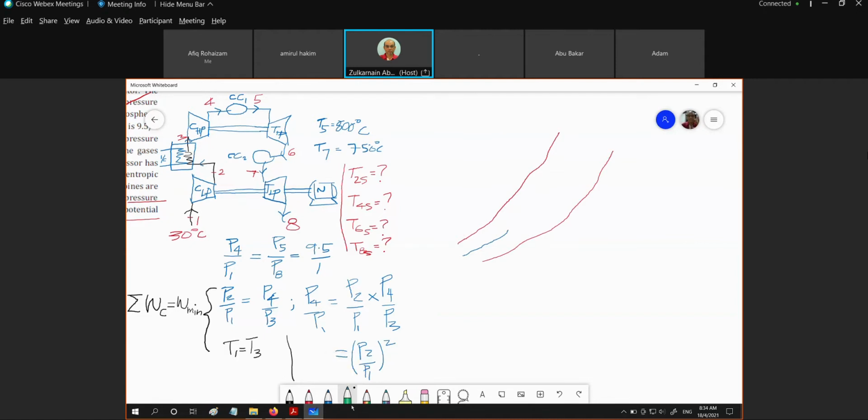Okay, so this is the intermediate pressure for the compressor, and this is the intermediate pressure for the turbine. But nothing is mentioned on the turbine side. So we just sketch one line representing the intermediate pressure in between the first stage of the turbine and the second stage of the turbine.